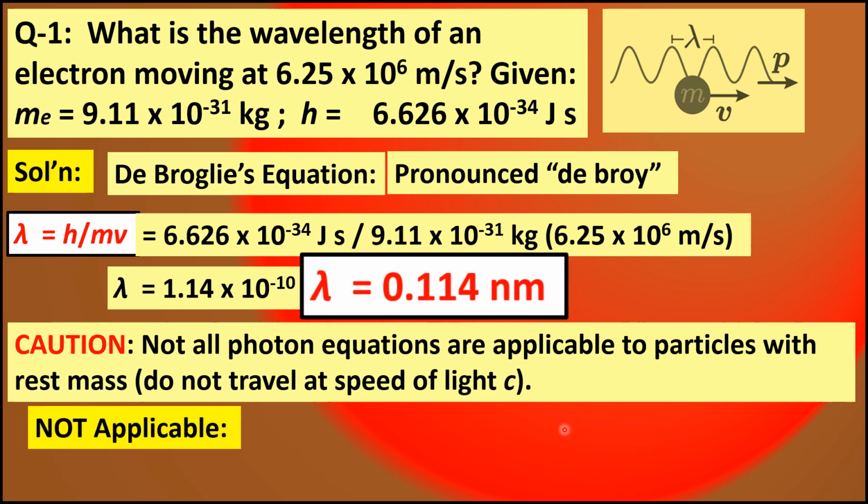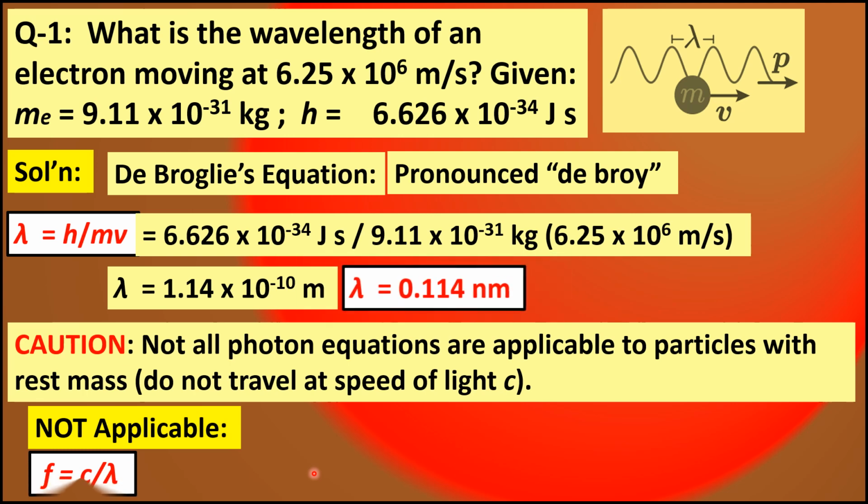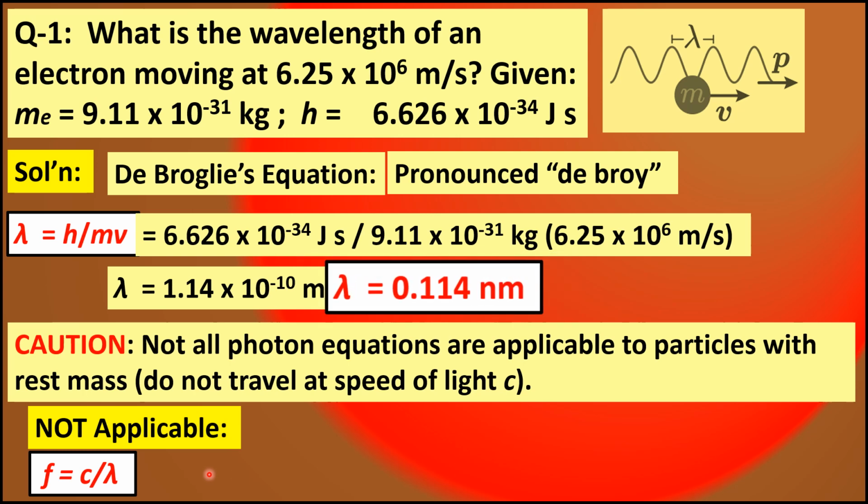Photon equations like frequency equals speed of light divided by the wavelength are used exclusively for a photon, because a photon, although it is considered a particle, is massless and travels at the speed of light c.